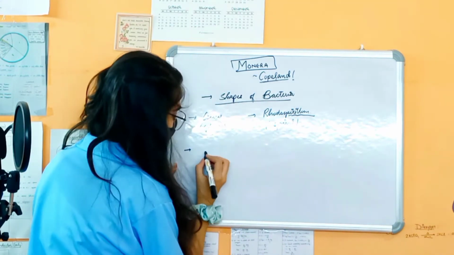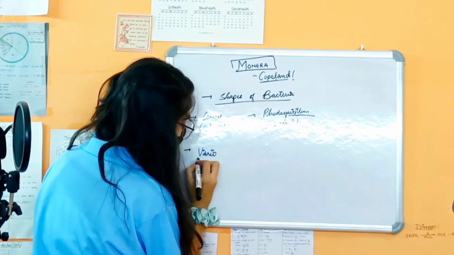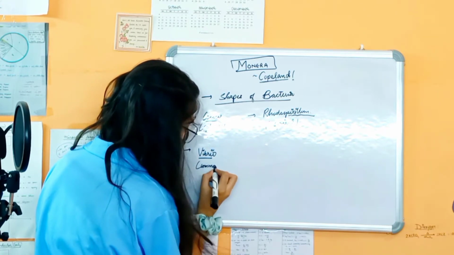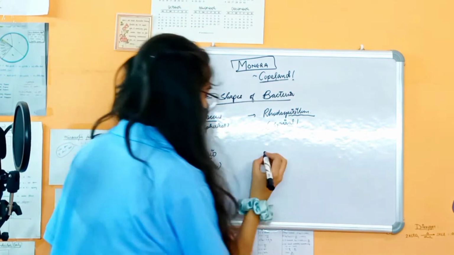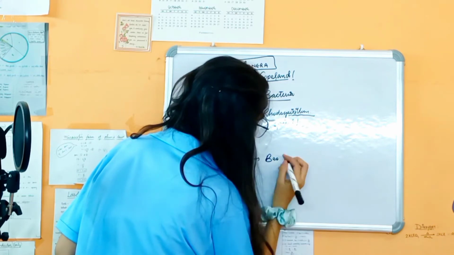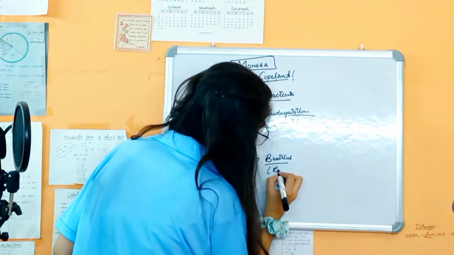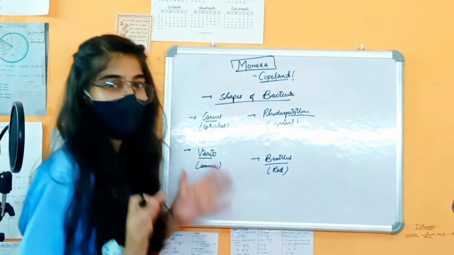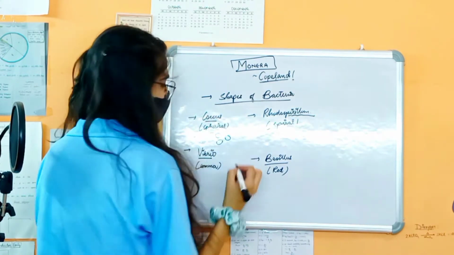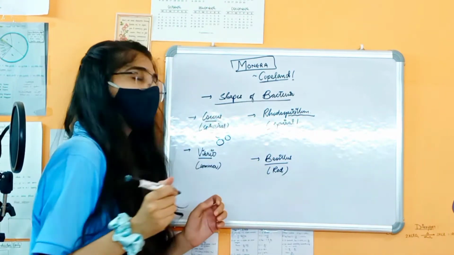Now next we have Vibrio. Vibrio is comma shaped. And the last we have Bacillus. It is rod shaped. So let's draw the shapes so that we can have a feel of it. These are cocci. It's not a sphere, but quite similar to that.